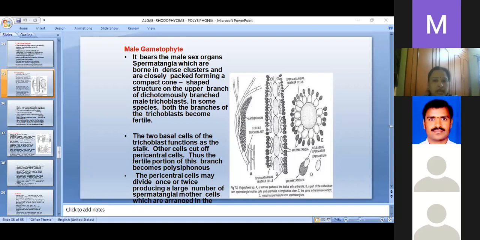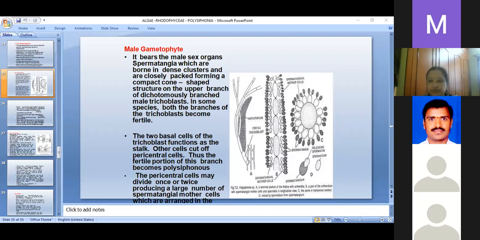The lowest three cells, you can observe in picture A. See, these are the three cells: 1, 2, 3 cells are there, no? These three cells of the female trichoblast divide vertically. You can observe in picture D, girls.